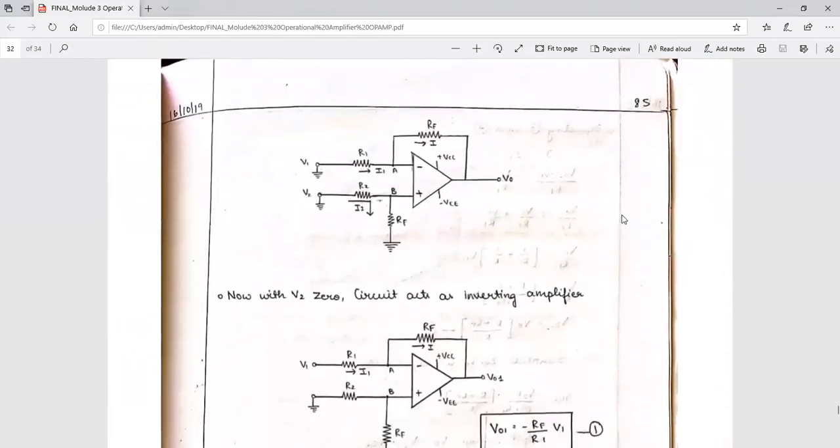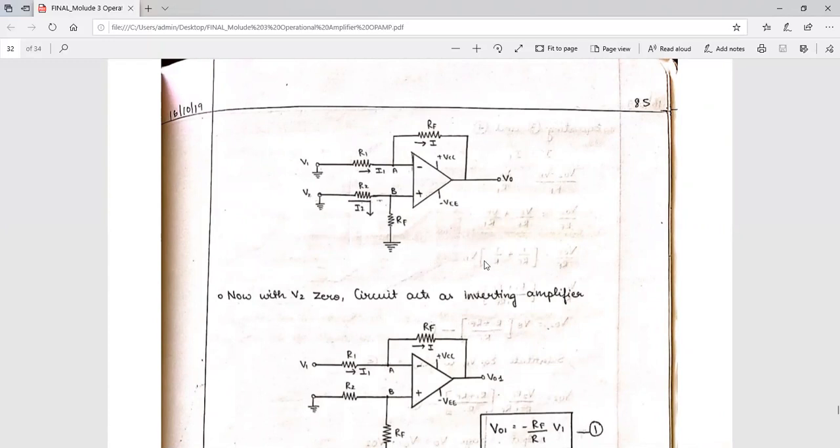So this particular circuit here is the overall circuit for the subtractor or the difference amplifier. Now you can see here we have V1 and V2. We have additional input resistance R2, and to point B I have connected an RF going to ground. Clear?